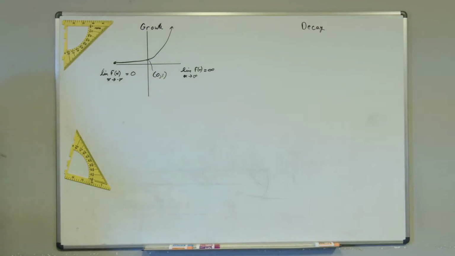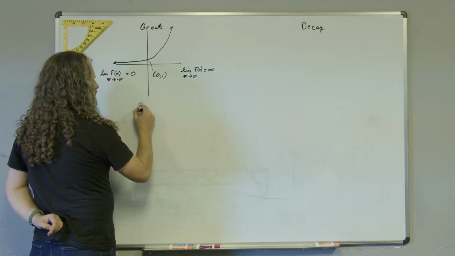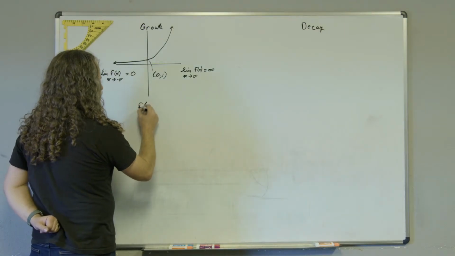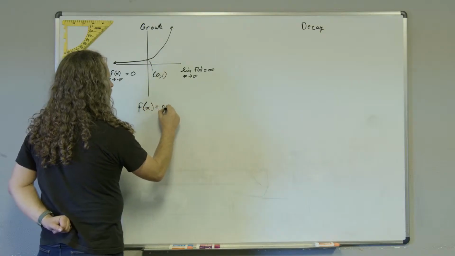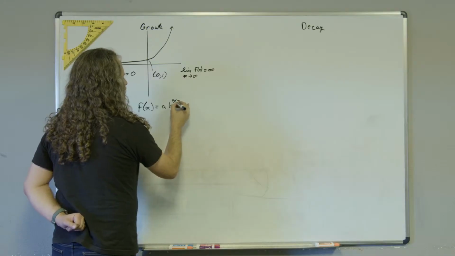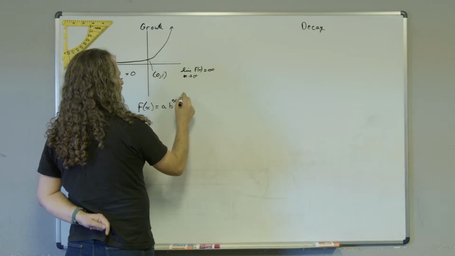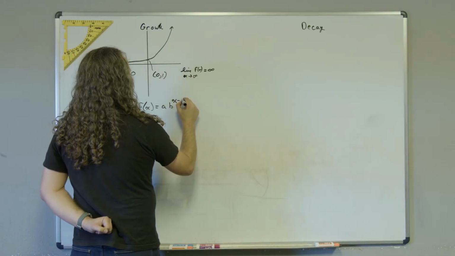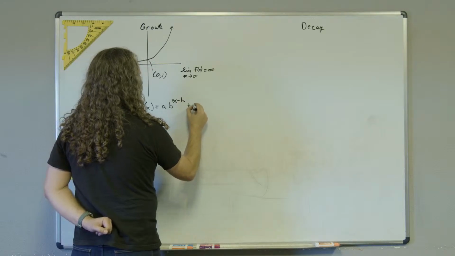That's the growth function. Looks like that. The equation looks like f of x equals a times b to the x minus h, this is actually the transformation, not the parent function, plus k.